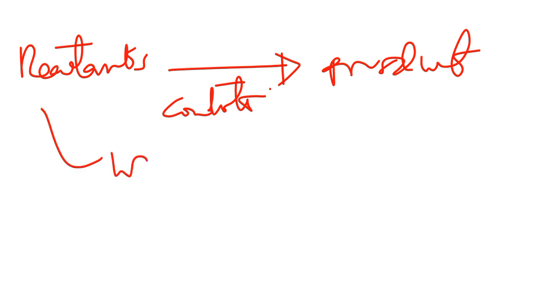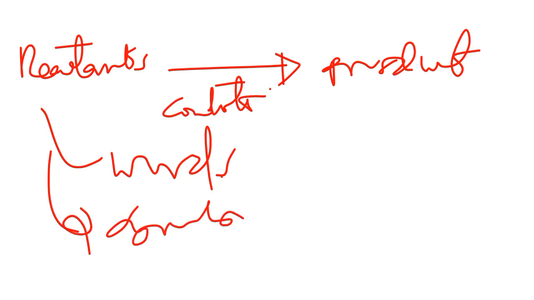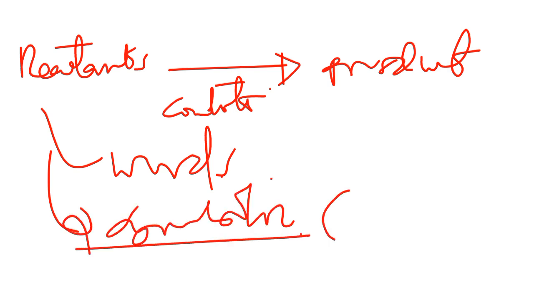It can be in a form of words, or it can be in a form of symbols. But normally we use symbolic chemical reactions. So this is the symbolic or word representation of reactants forming a product. This is what we call a chemical reaction. But in organic chemistry, it's basically based on the reaction mechanisms, those steps that are involved during the reactions to form a certain product with a particular condition.